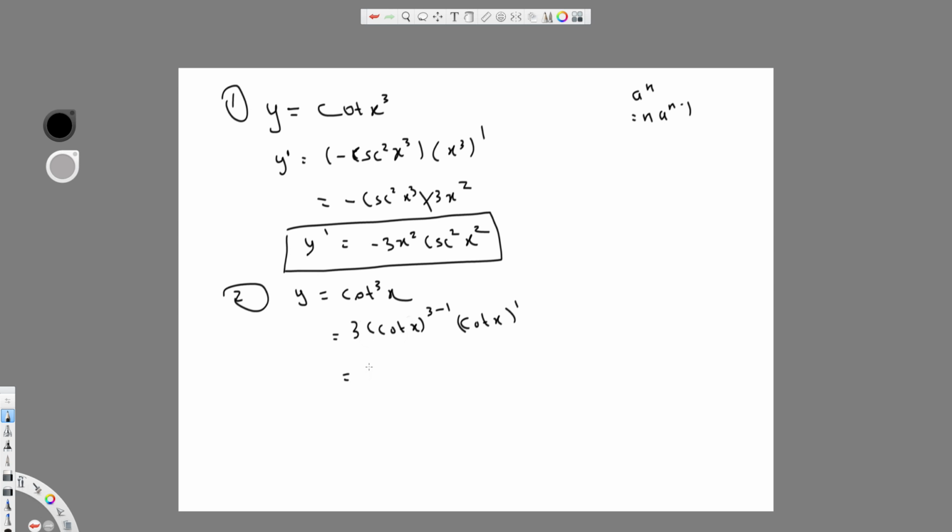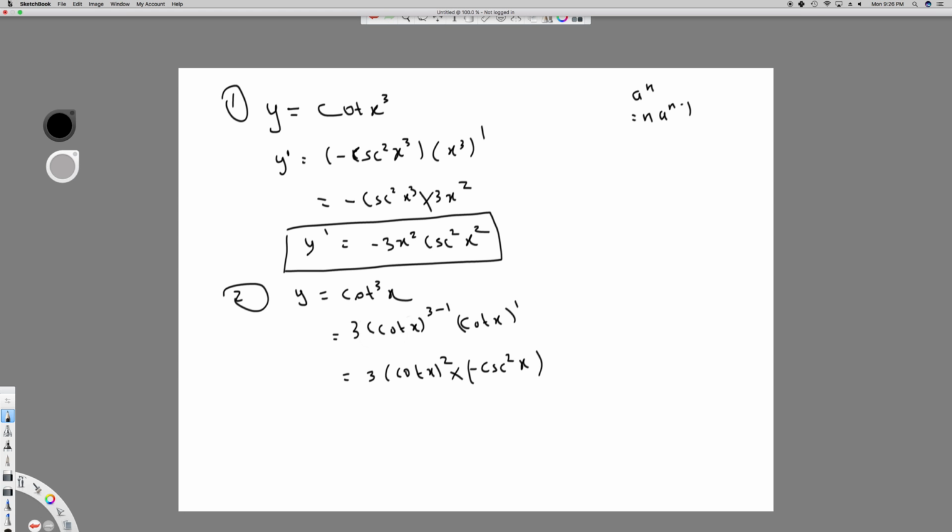So it's going to be 3 cot x square, and the derivative of cot x is equal to minus cosec square, so I have to multiply this one by minus cosec square x. So this is my answer, and that's all for this one. Let's do the next question.